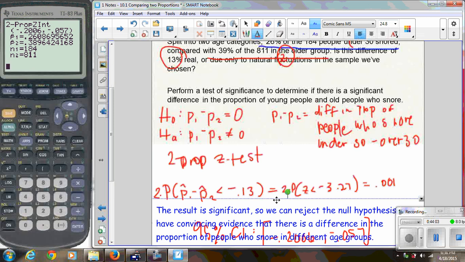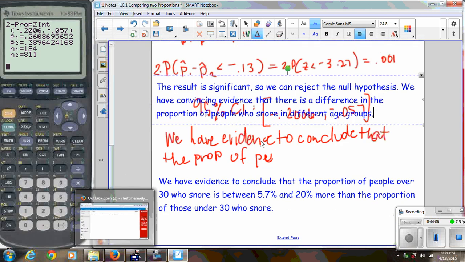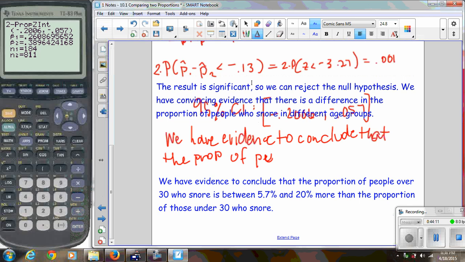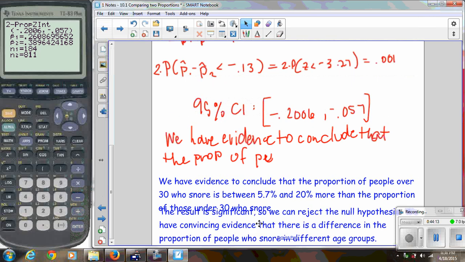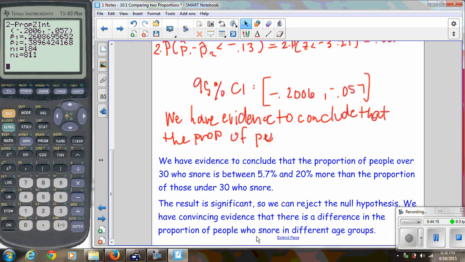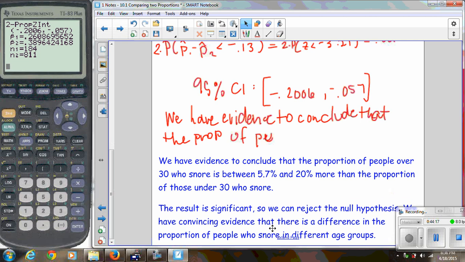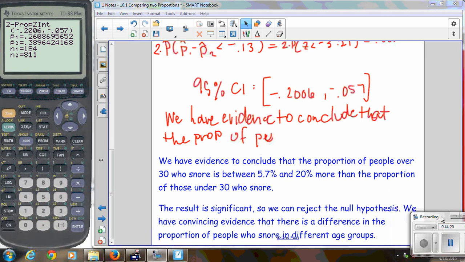And you could probably make that a little bit more specific. Let me just move this down here so you can actually read it. Okay. And so that's how you would state your conclusions.